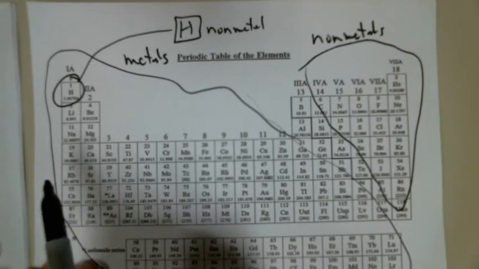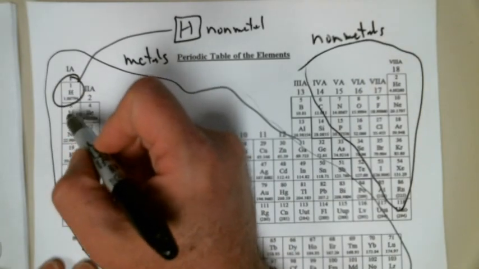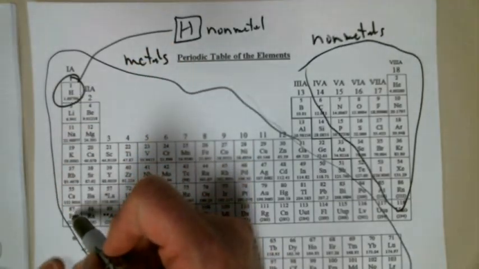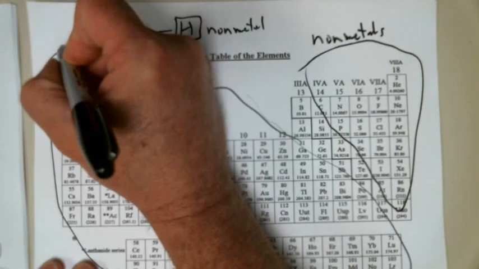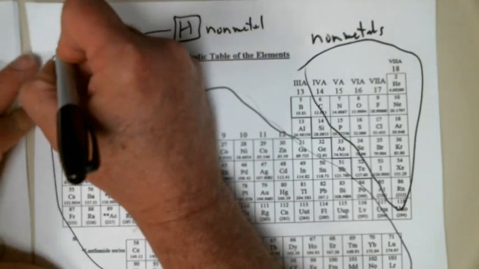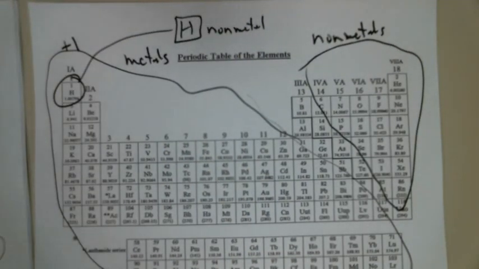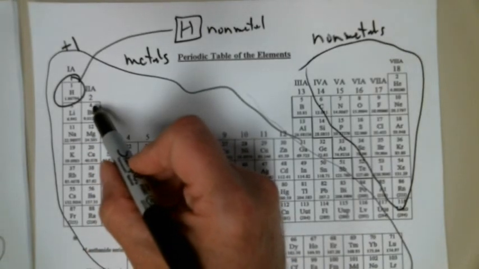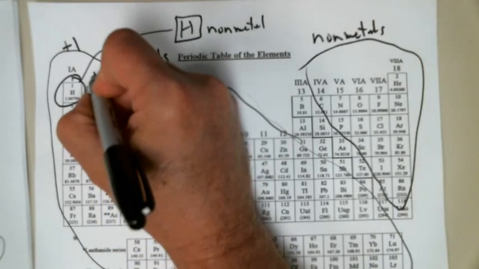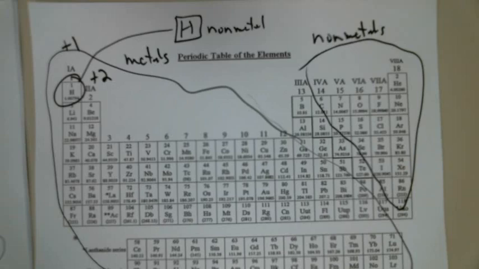So if we have an element in group 1A, and if it's in an ionic compound, well, it's a metal, so it has to be +1. And then group 2 is always going to form a +2 charge in an ionic compound.